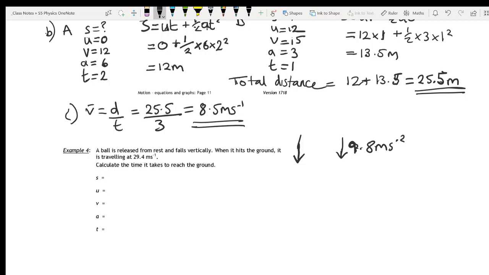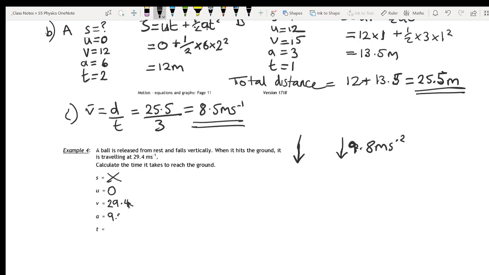Because we're looking at the downwards motion, we're taking the speeds to be positive, and it's the same direction as gravity. So s we don't know anything about. u, it's dropped from rest. v, the final speed, is 29.4.